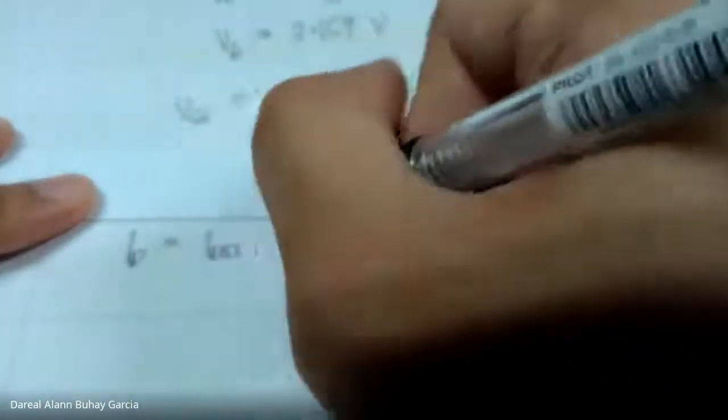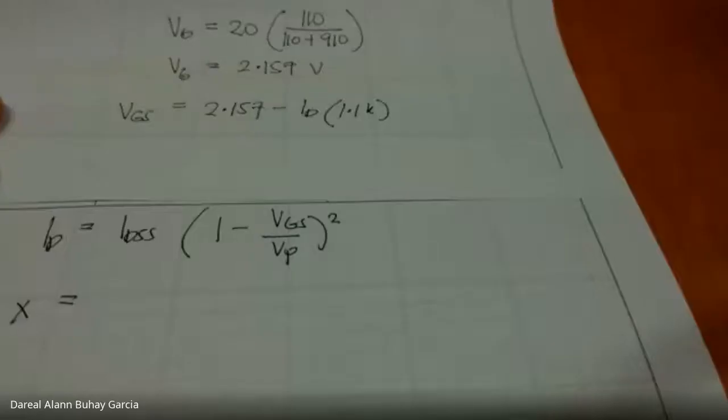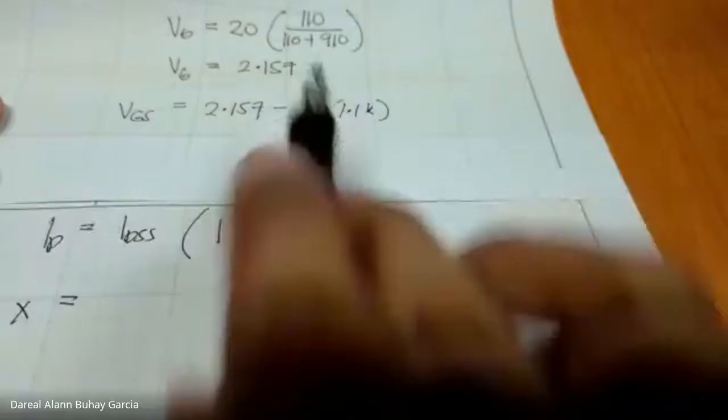The Shockley equation is ID equal to IDSS times 1 minus VGS over VP, squared. IDSS is 10 milli.